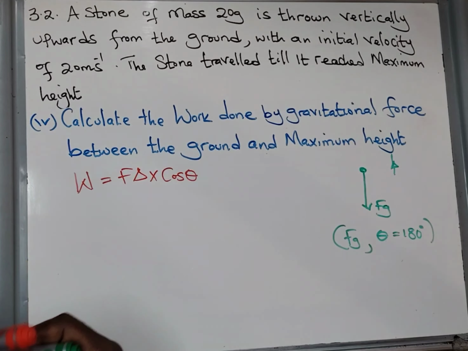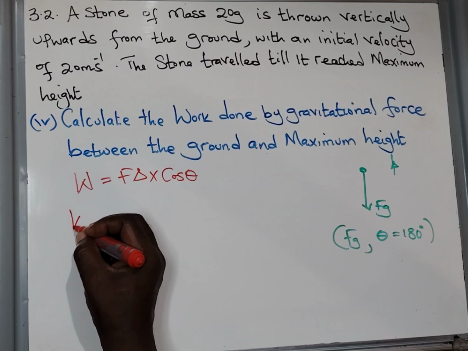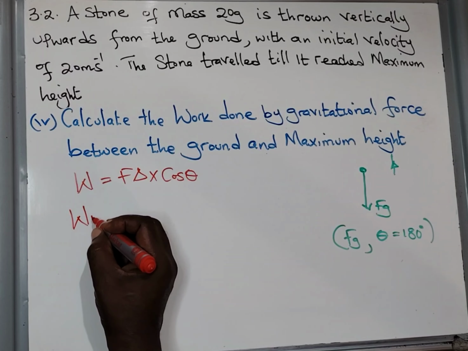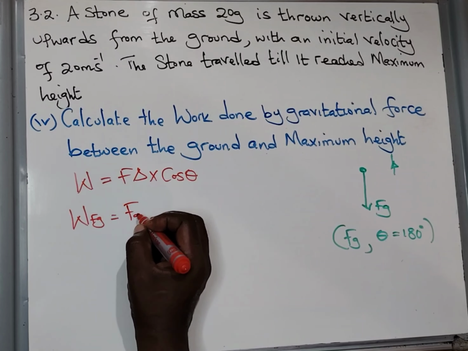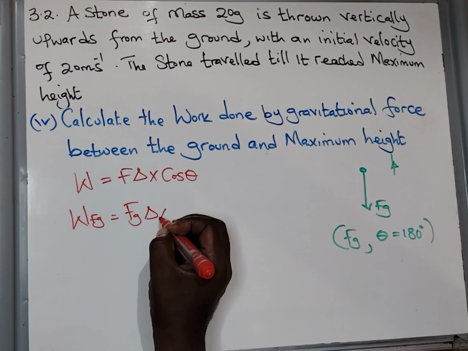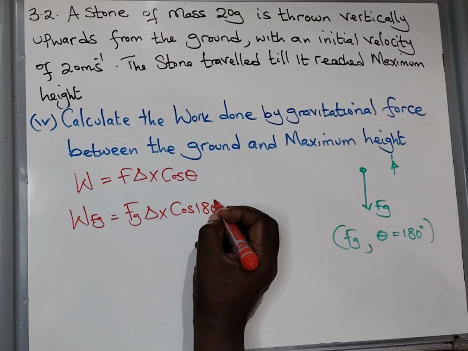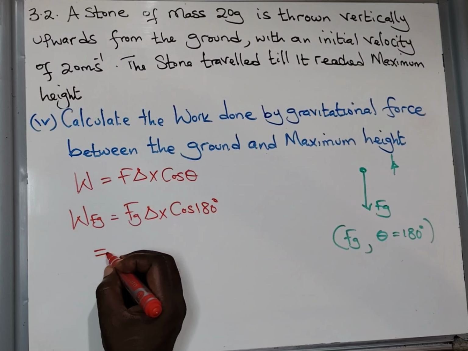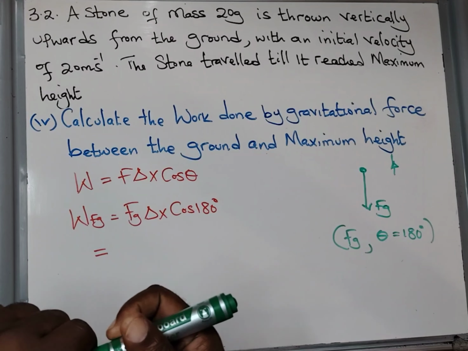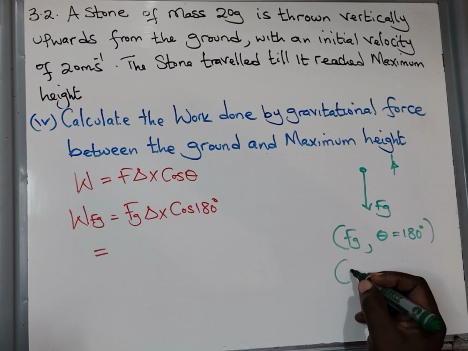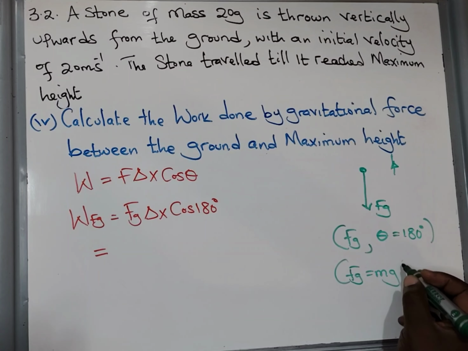So when you come to substitute here, this is what you get. Work done by gravitational force is equal to gravitational force delta x cos 180 degrees. Okay, you have also to know that gravitational force is equal to mg.